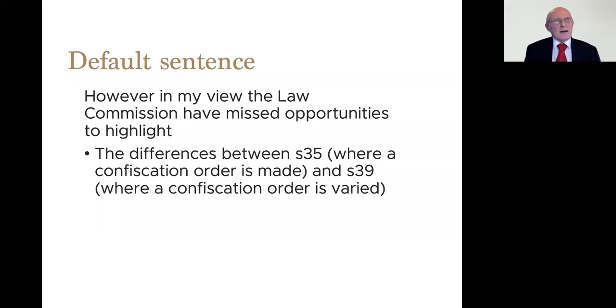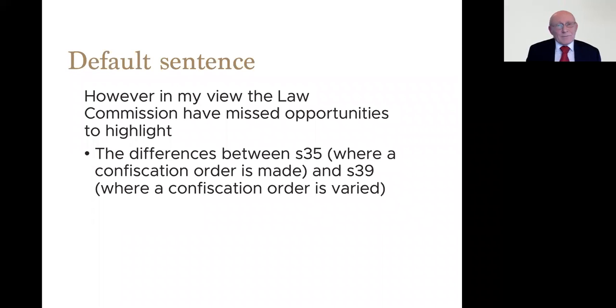The slightly bizarre thing about Section 39 is that it refers to Section 139 of the Sentencing Act. And indeed, under some amendments which are coming into effect on the 1st of December, it will be referring to the corresponding section in the Sentencing Code. And that, as we know, is not the table of default sentences which applies under Section 35.